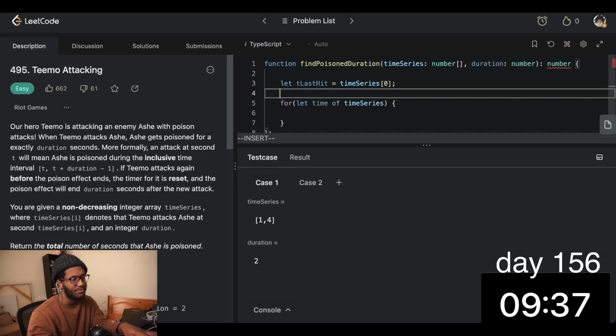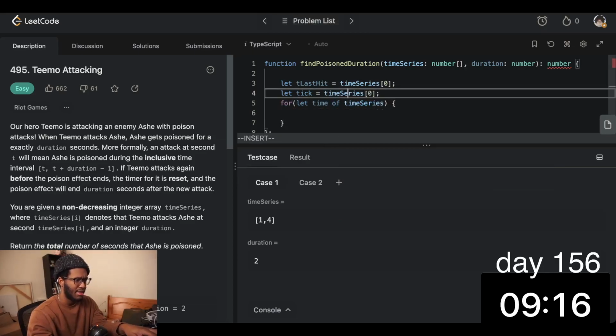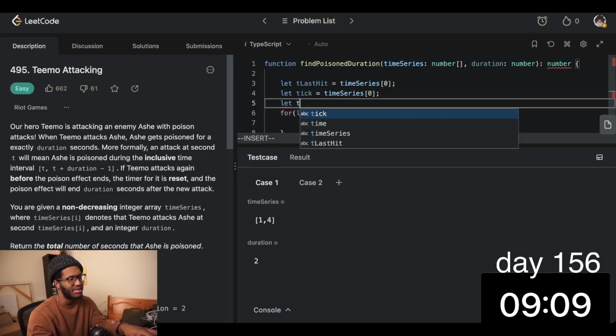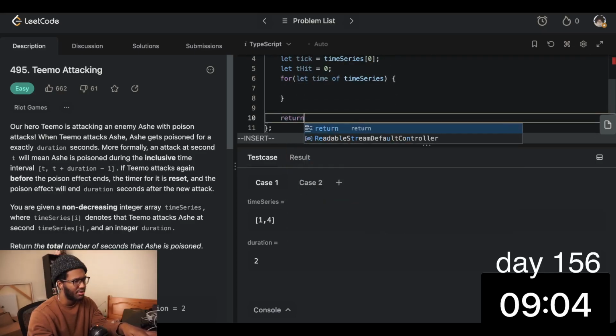Additionally, we're also going to have tick equals time series sub 0. We want to know the number of seconds Ashe was hit. We'll say t hit is equal to 0, and we'll return t hit.